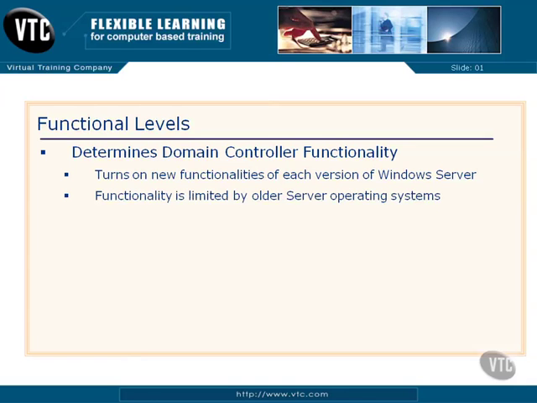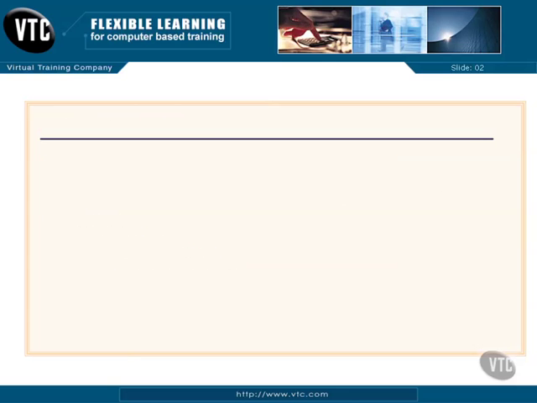And the functionality across your domain or forest is obviously limited by the oldest server operating system that you have in place. Now, there are 2 levels at which we can set functional levels: the forest functional level and the domain functional level. Let's take a look at these.